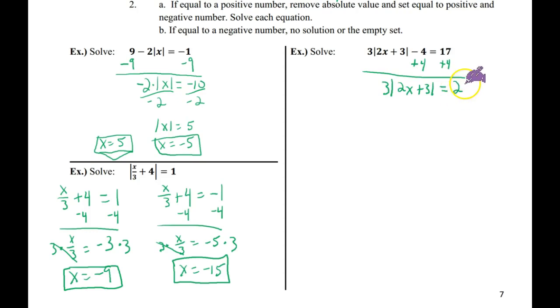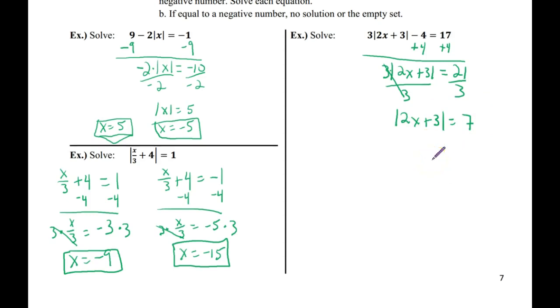And I get positive 21. And then we undo this multiplication with division. This divides out, and we have the absolute value of 2x plus 3 equals 7. Now that I have the absolute value all isolated, I can set what's inside the absolute value.